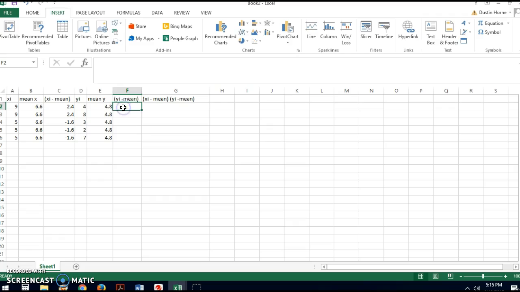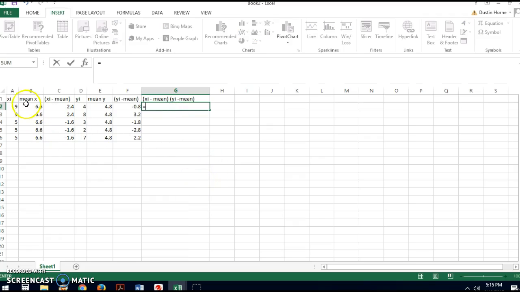Now I'm going to take yi minus the mean, so this minus this. Once again, I'm just following the formula, but I'm using Excel to help me organize everything. But all of this you can do by hand.